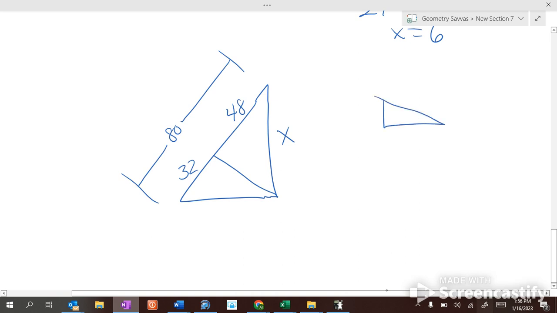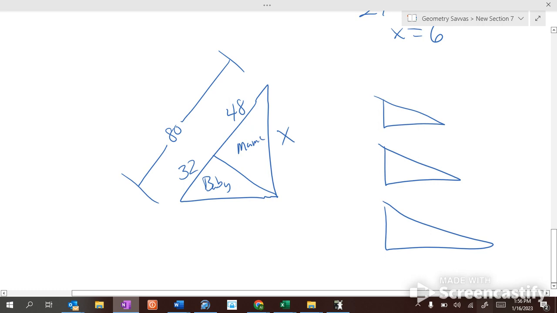So if we draw baby, mama, and papa, and the reason why I'm drawing baby, mama, and papa is I'm not looking for the altitude. I'm looking for a different side. So baby is down here because it's the shorter part of the hypotenuse. This one's mama. So baby, I know the short side is 32, and that's all I know.